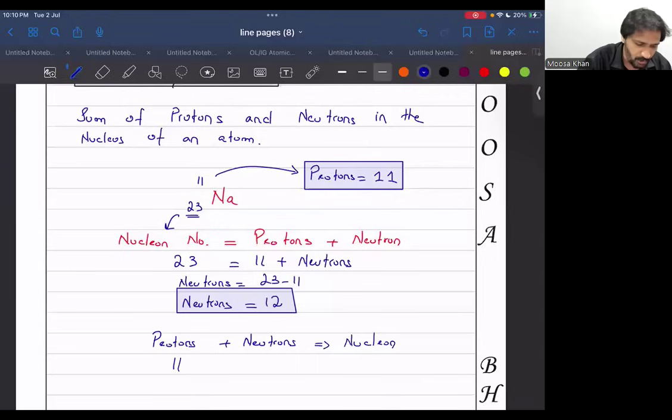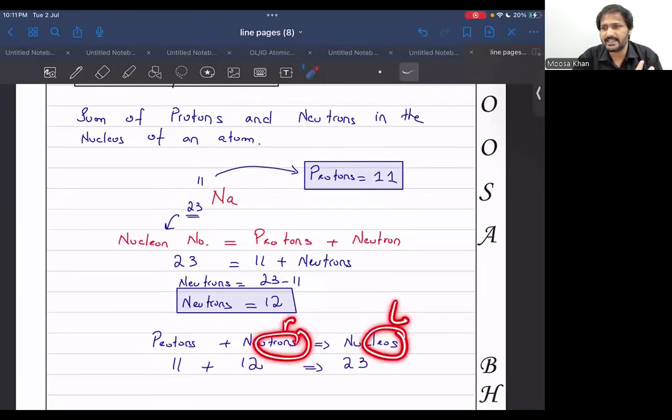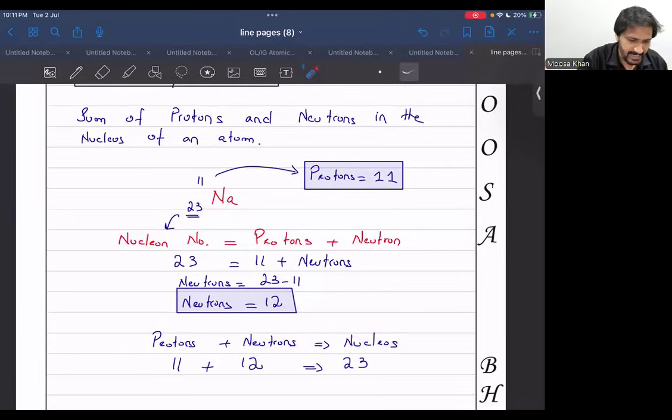So nucleons is basically both for protons and neutrons. Neutron is spelled with an R, nucleon is spelled with an L. We often mix these up, do not mix them. Neutron is with R, which is the subatomic particle present in the nucleus of an atom, and nucleon is basically the combined name for both protons and neutrons, right? This is the spelling of nucleons.